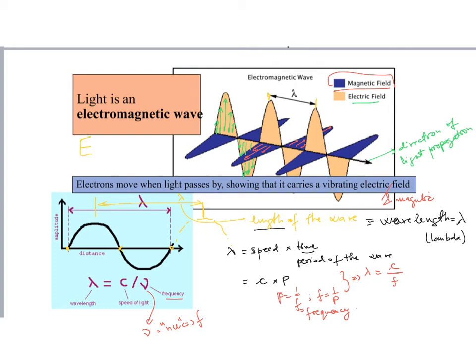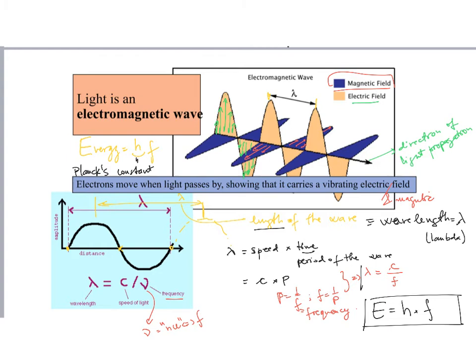That is the energy of the wave, and that goes hand in hand with the frequency. So it's the frequency times a proportionality constant, and that is h. That's actually Planck's constant, because Planck was the scientist who figured that out, right? So we have here, very important, the energy of the wave is h, Planck's constant, times the frequency.